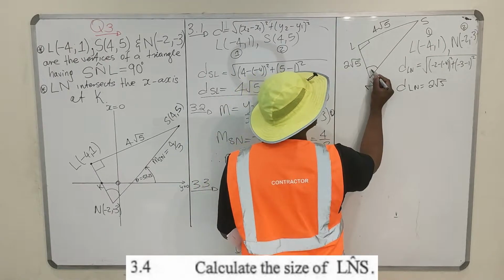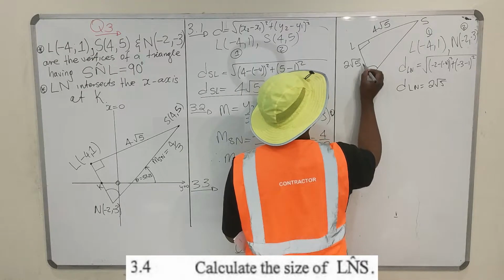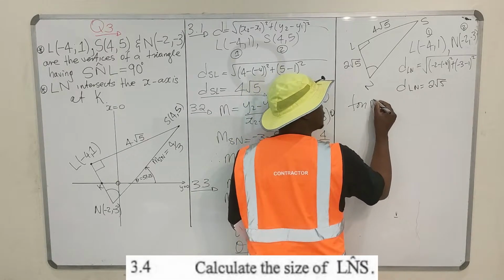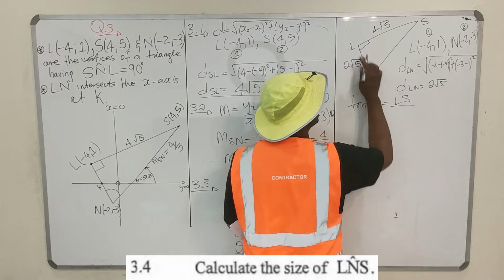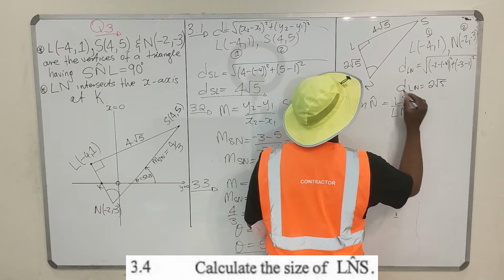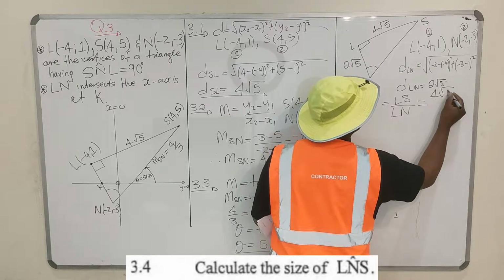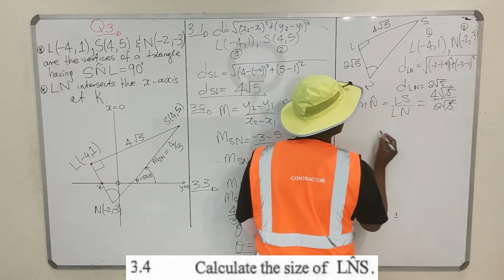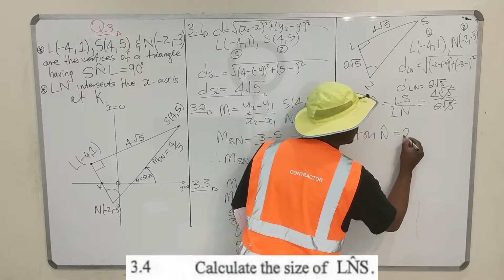Fine. So you want this angle here, n. You know we have the opposite side and the adjacent side to this angle. So that's tangent. Tangent of angle n is equal to the opposite side, which is LS, over the adjacent side, which is LN. So which is equal to what? It's 4 root 5 divided by 2 root 5. This and that go away, so you have 4 over 2. So tangent of n is equal to 2.